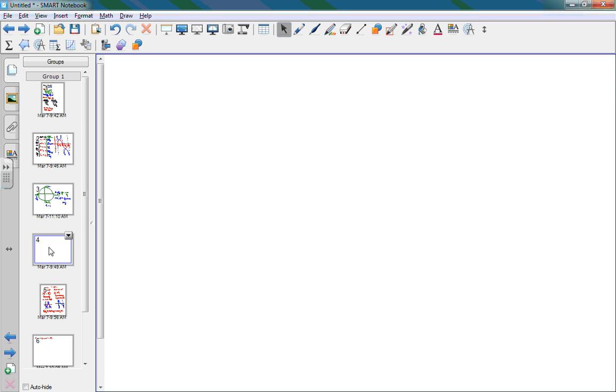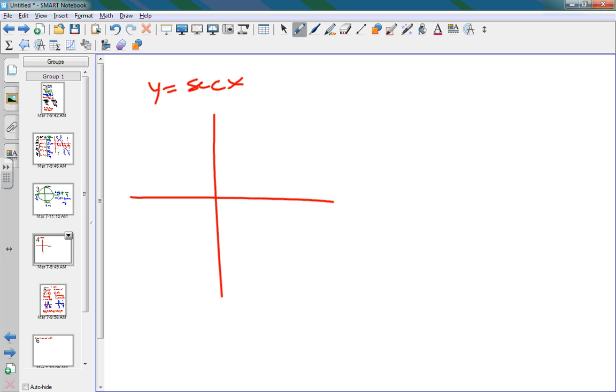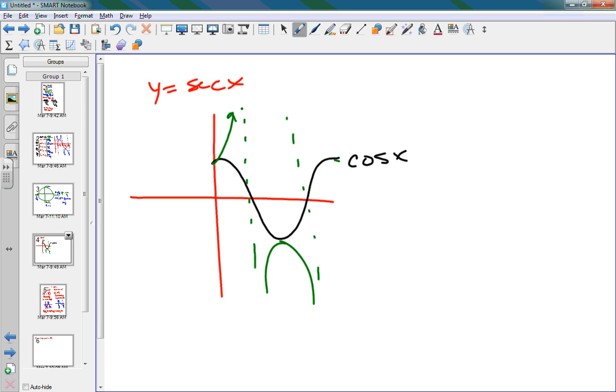Okay, now, if we want to graph the secant, just so that we're aware, secant of x. This is what the cosine looks like. That's the cosine. There's the one-armed bandit. There's my full parabola. There's my other one-armed bandit. Do we see that, yes or no?